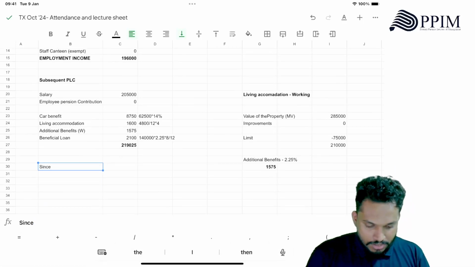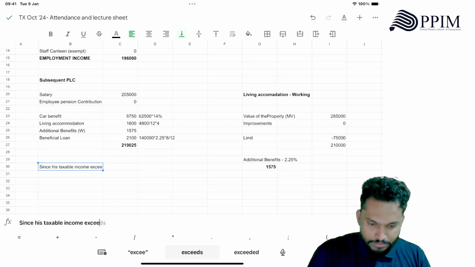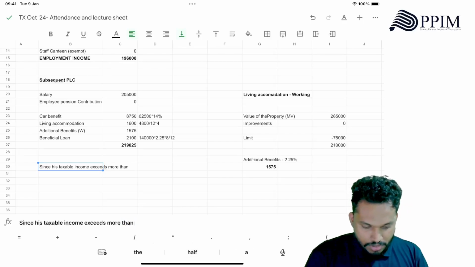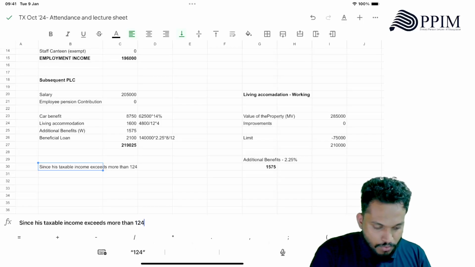So technically, I will say to the examiner, since his taxable income exceeds more than, I don't have a pound sign here. Okay, more than 125,140.